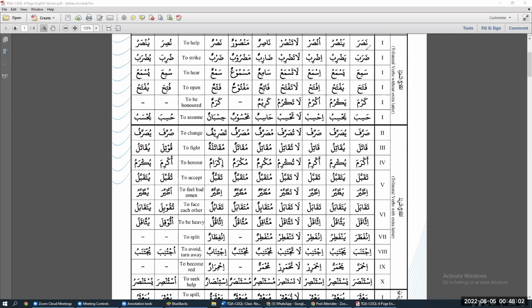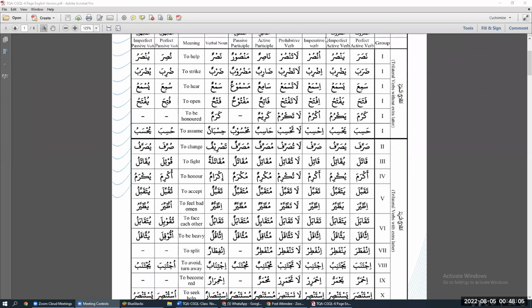Have a look. In form 1, we call it form 1, these three we can write in a single word like this: fa'ala, fa'ila, and fa'ula.